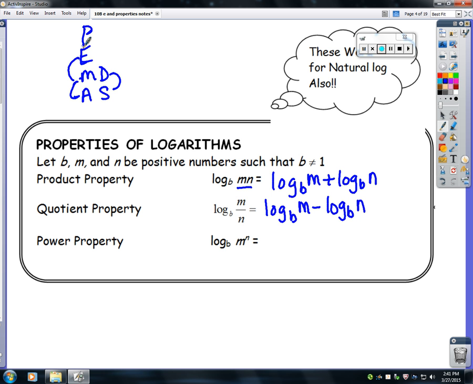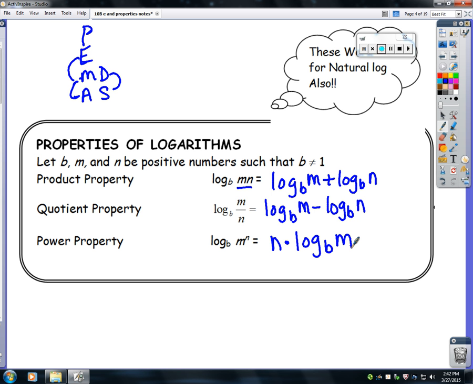So we're going to rewrite this as n times log base b of m. Like I said, think of the same properties of exponents, and since logs are exponents, those same properties are going to apply. Now all of these also work for natural log, ln. And like I said, if you're interested in the proof, it'll be later on in the video.